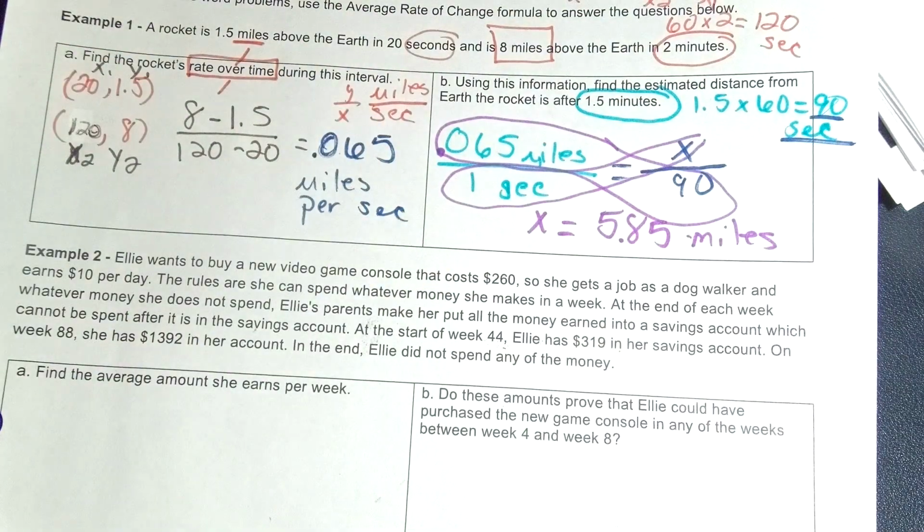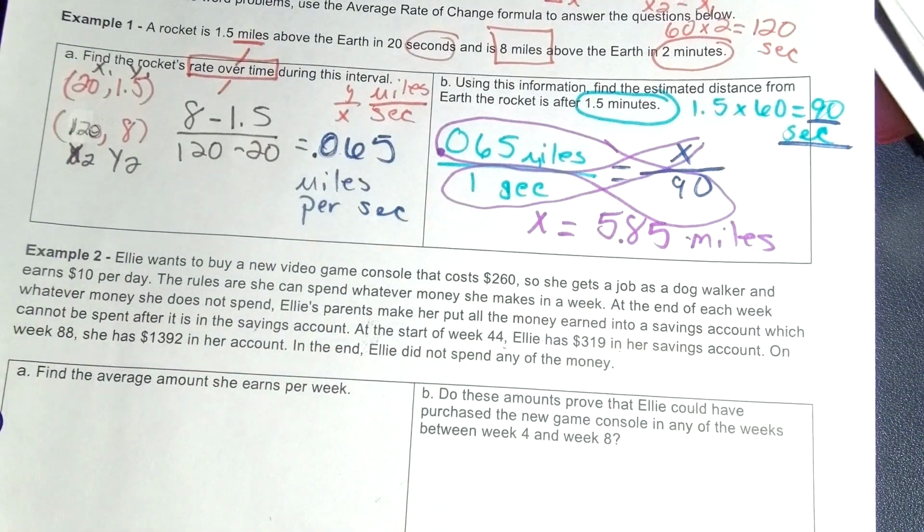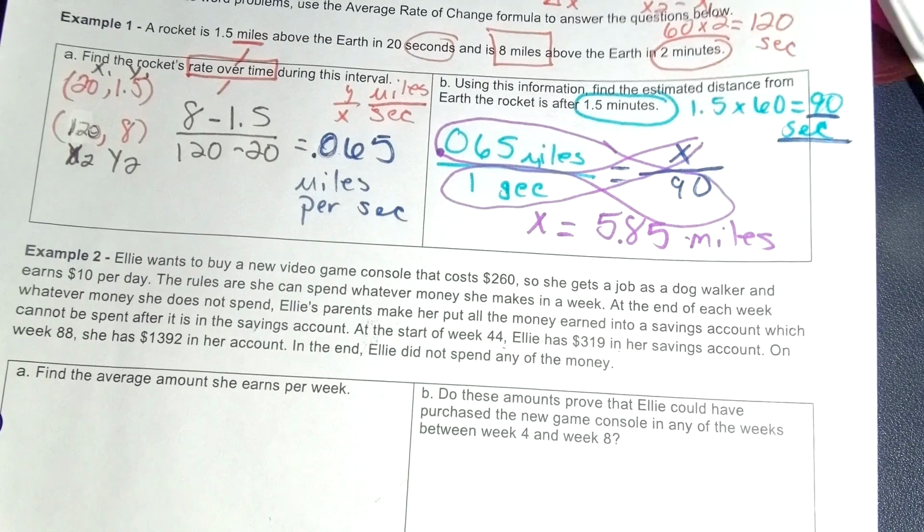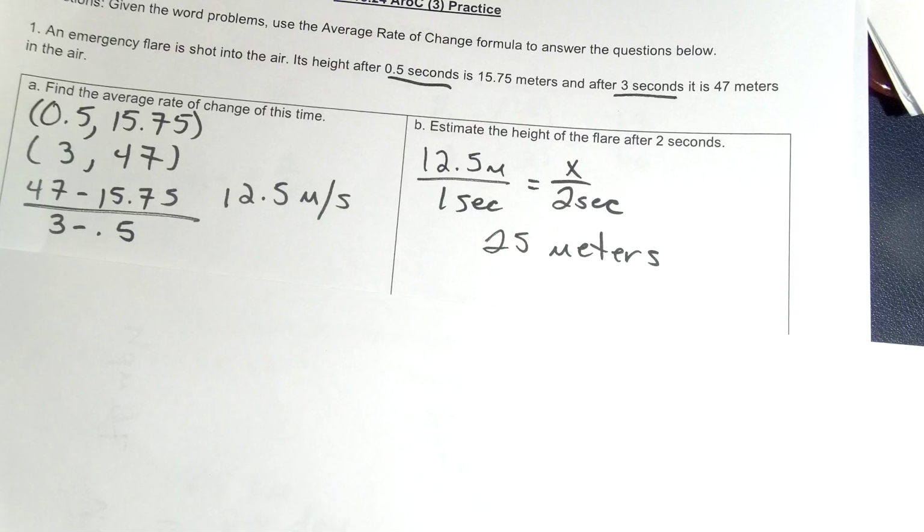All right, seniors, let's look at the answer. If you don't have it down, make sure you write it down. Most of the time, your x units will be time, okay?